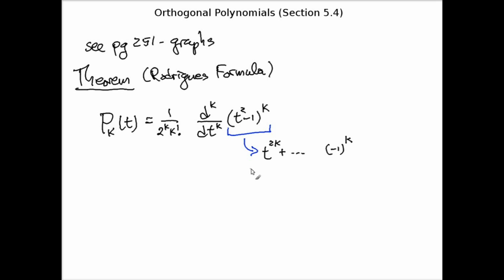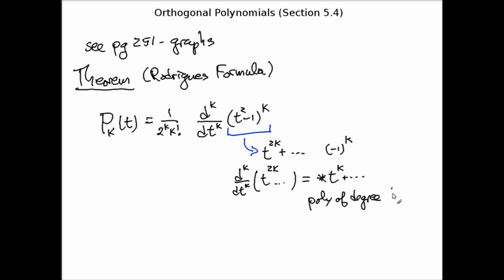And if you take the kth derivative of that, well, every time you take a derivative, it decreases the degree by 1. So the top degree term gives you some constant times t to the k. In other words, this is some polynomial of degree k.